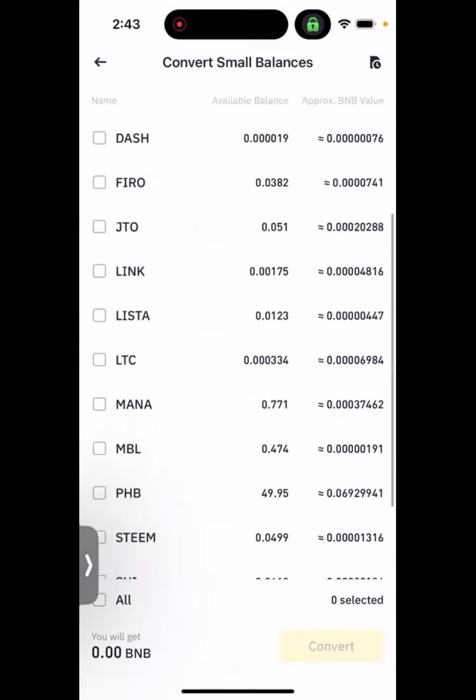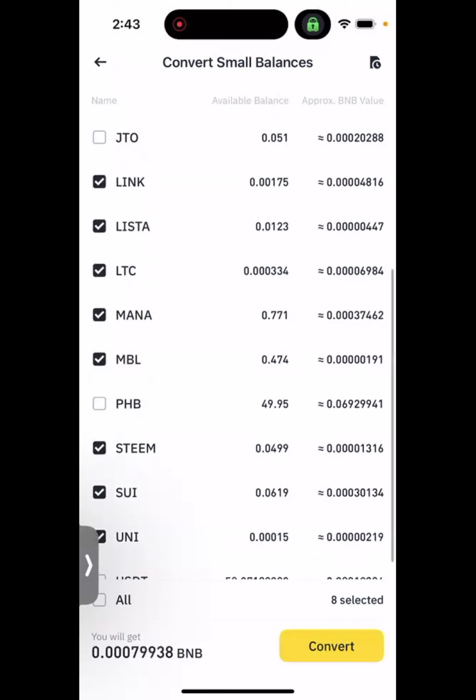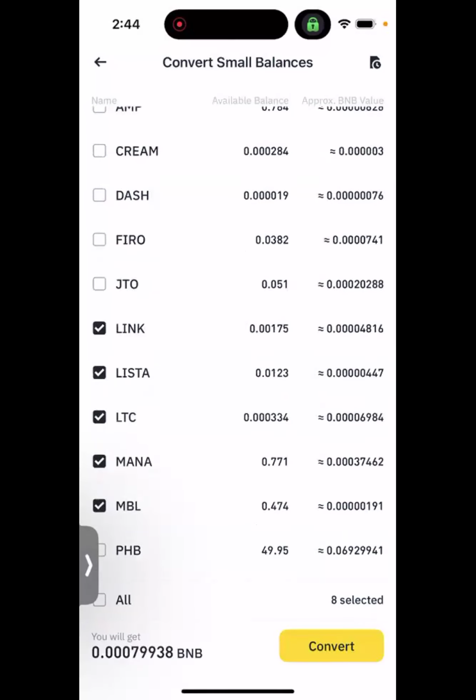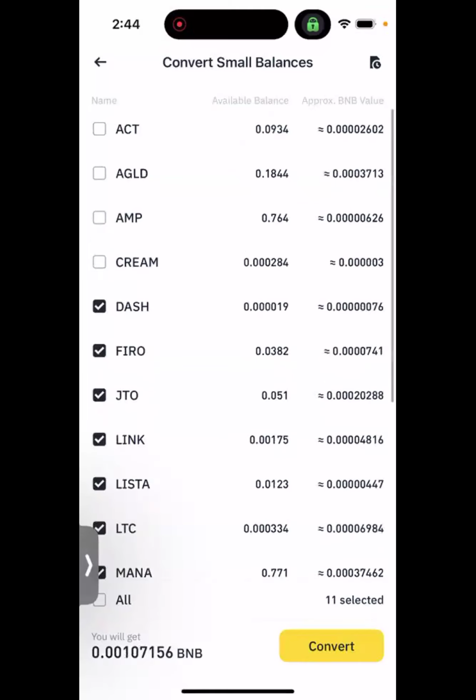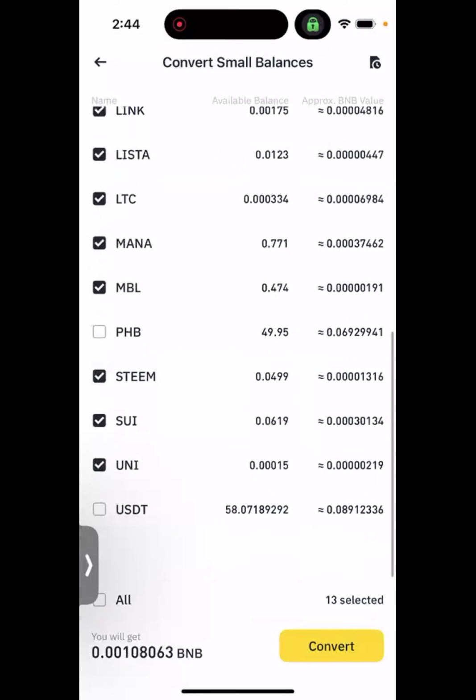So that's why I always say you take a screenshot of the ones you are trading on RoyalQ so it doesn't confuse you. Once you tap all, it would select everything, then you deselect the ones that you know you are trading. Once you are done, you just tap on convert, then voila, you are there.